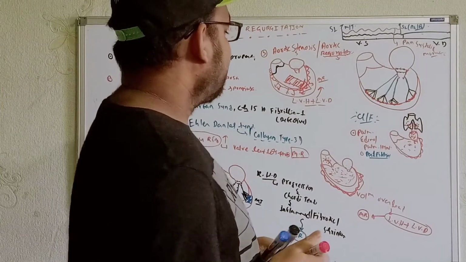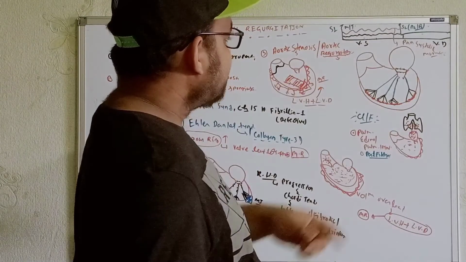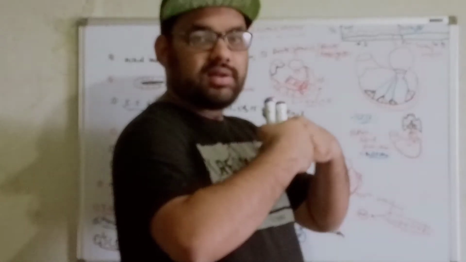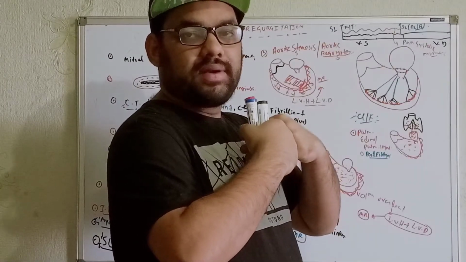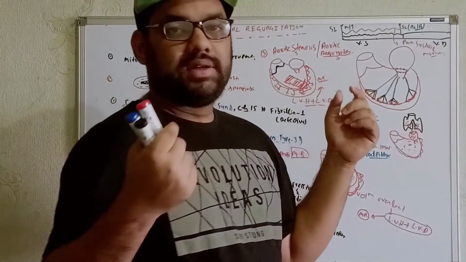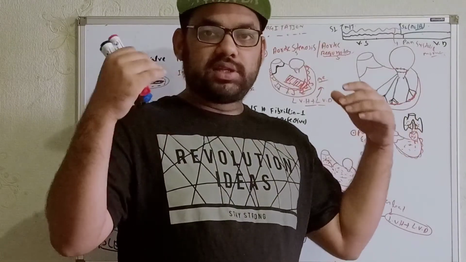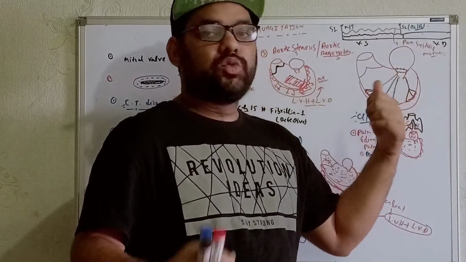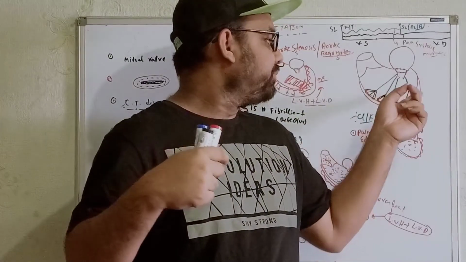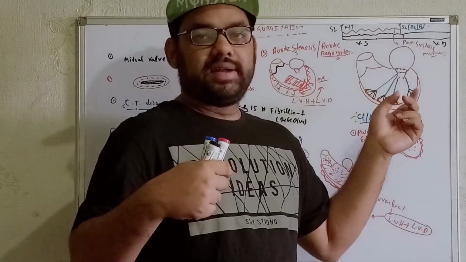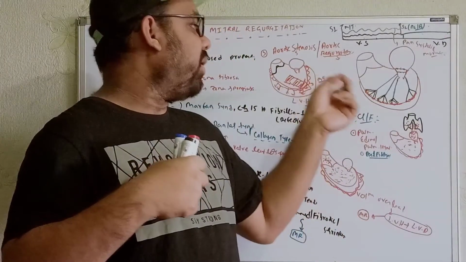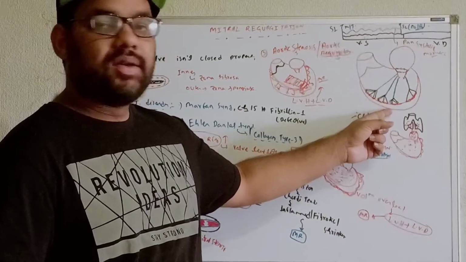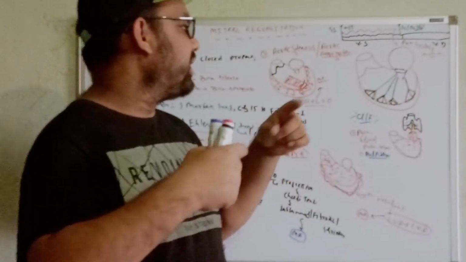Another thing we have to know is in terms of S1. As the mitral valve leaflets are not able to fuse with each other, as a result S1 will definitely be soft. Whenever the two leaflets of the mitral valve are able to fuse with each other properly, we get a loud S1. But in these cases, we are getting dilation of the left ventricle, and in further regions we will get a dilated fibrous ring.